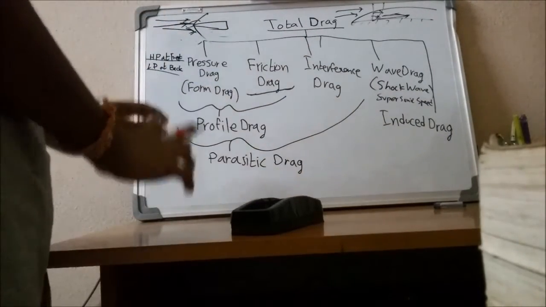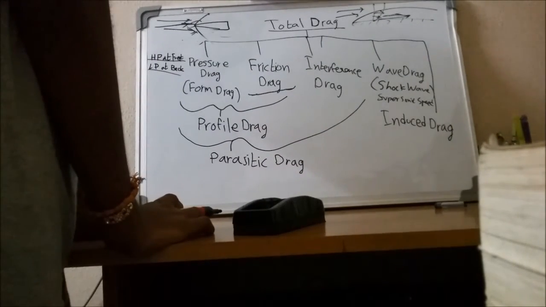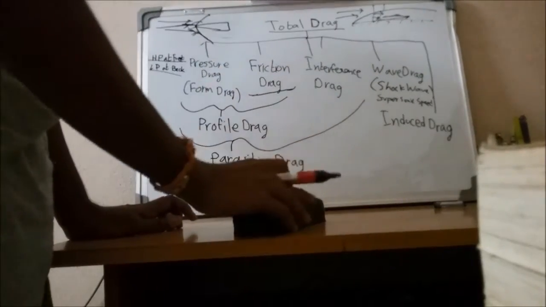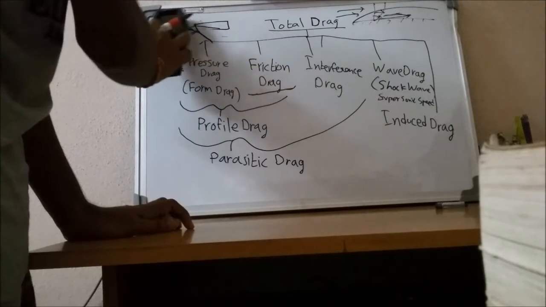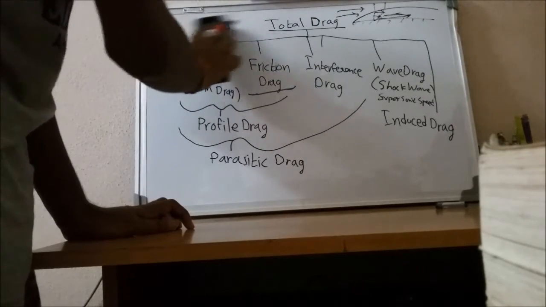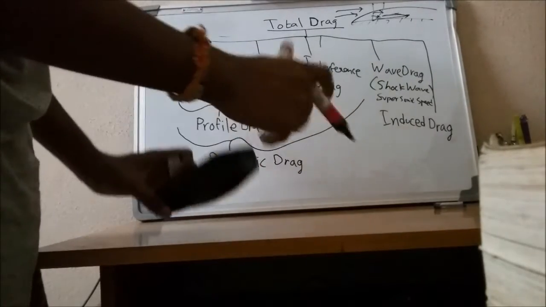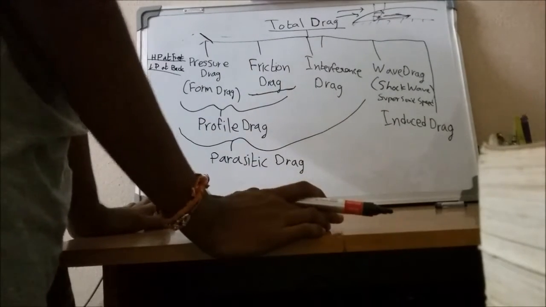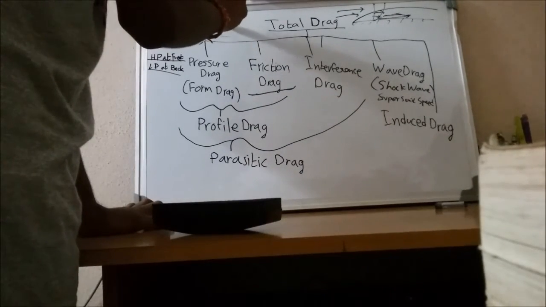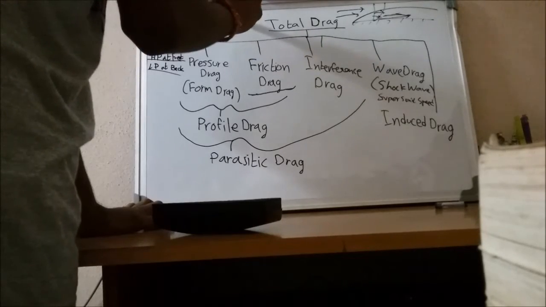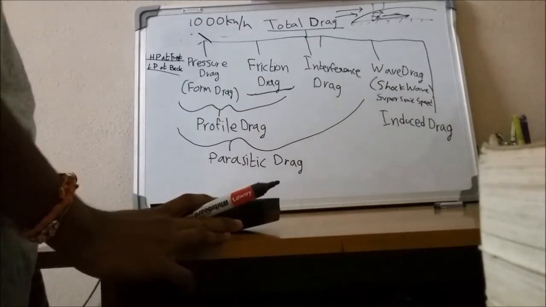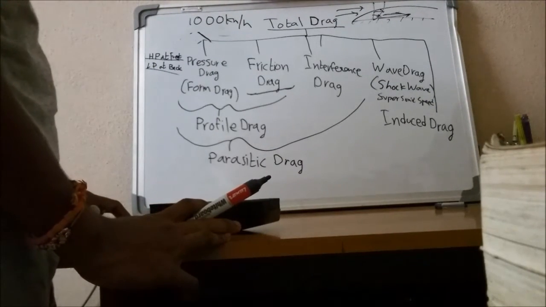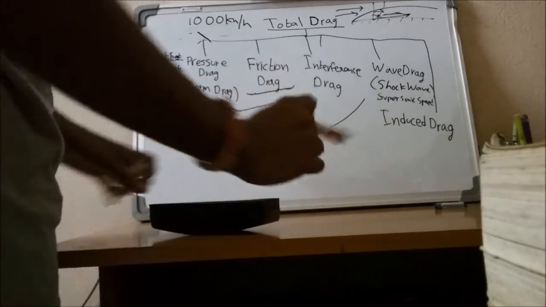This is typically observed only during supersonic and hypersonic speeds, and you can neglect this phenomenon if you are considering normal automobiles. Supersonic speed is around 1000 km/h. So when you're designing supersonic aircraft, fighter aircraft, then you need to consider this wave drag also.